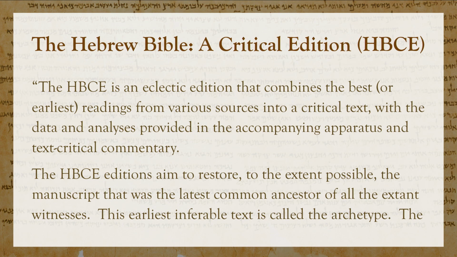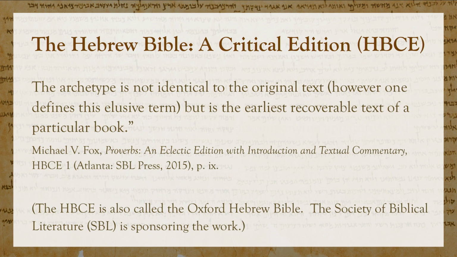The HBCE editions aim to restore to the extent possible the manuscript that was the latest common ancestor of all the extant witnesses. The earliest inferable text is called the archetype. The archetype is not identical to the original text, however one defines this elusive term, but it is the earliest recoverable text of a particular book. That was Michael V. Fox in his volume on the book of Proverbs.